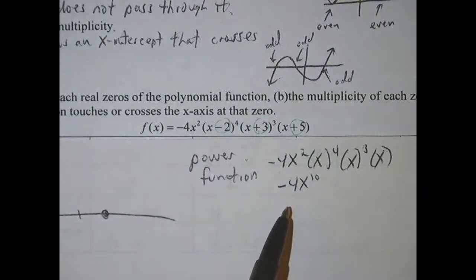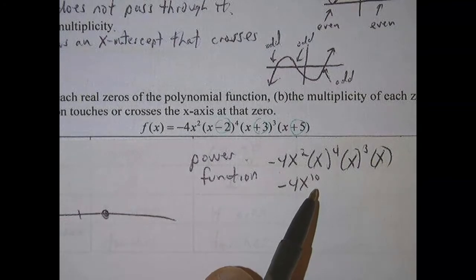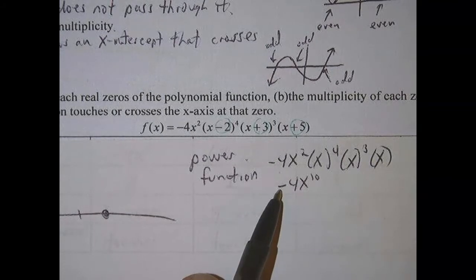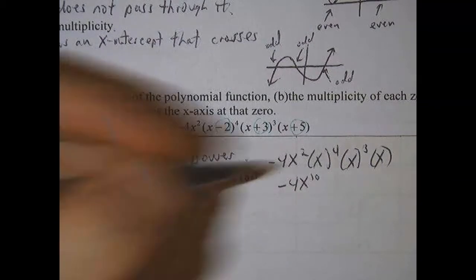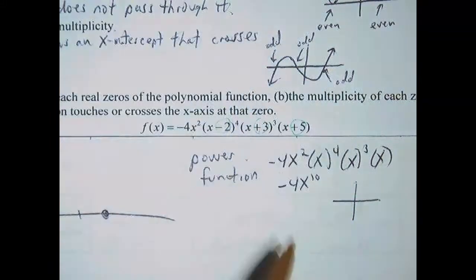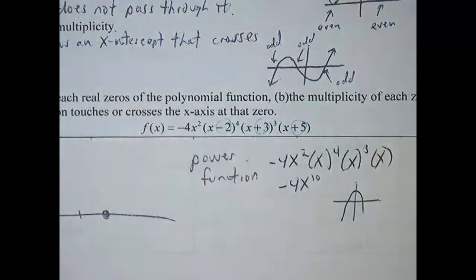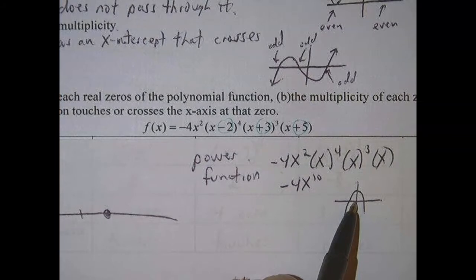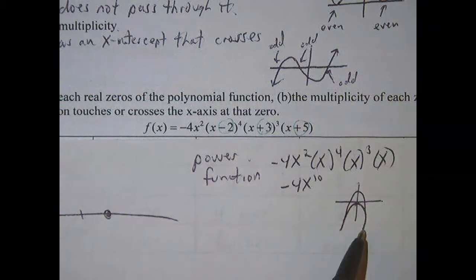So this is -4x to the 10th. Because that's an even power function with a negative in front of it, we know this is something that opens down. If this were just the power function and the whole graph, it would be something like this. The point is, it goes down as you go to the left and to the right.